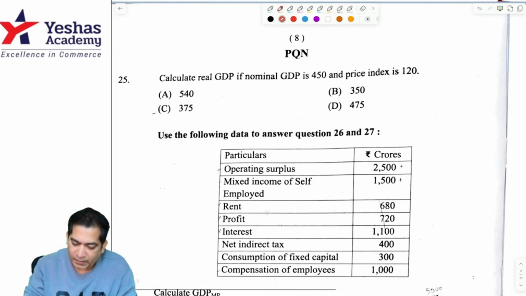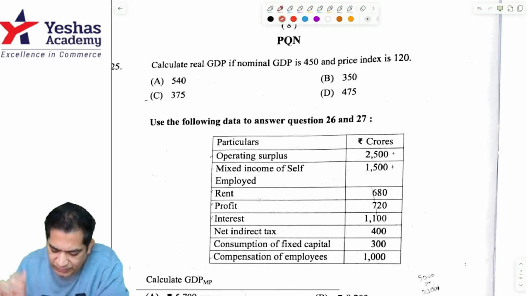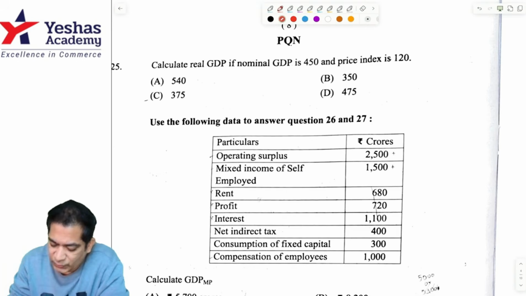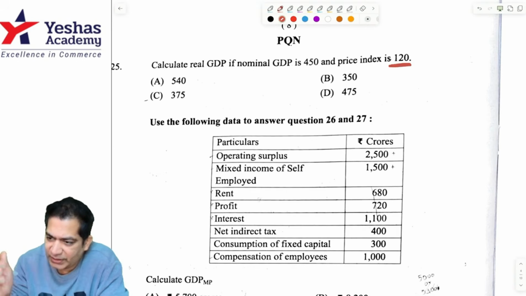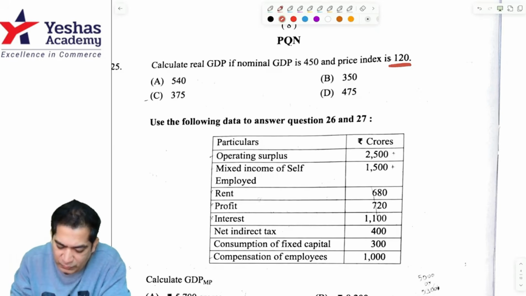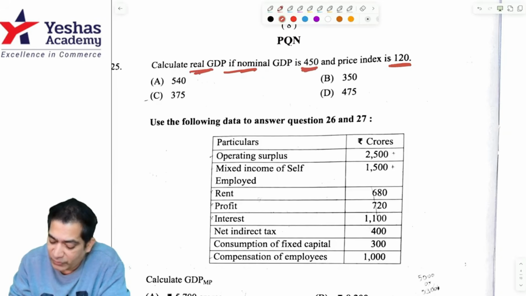25th. Calculate real GDP if nominal GDP is 450 and price index is 120. Price index is 120, which means the rate of inflation is 20%. Nominal GDP is given, real GDP you have to calculate. If this nominal GDP is 120%, then you have to find the 100%.